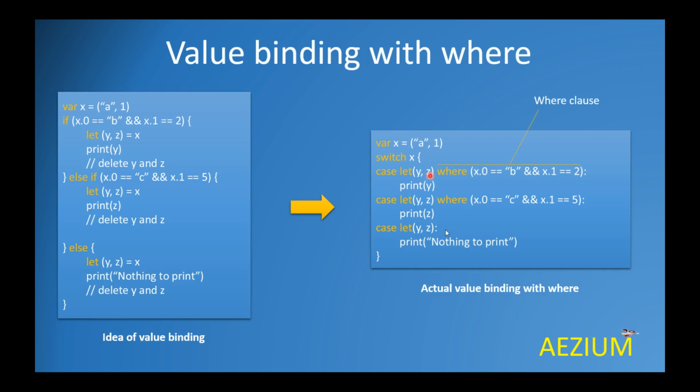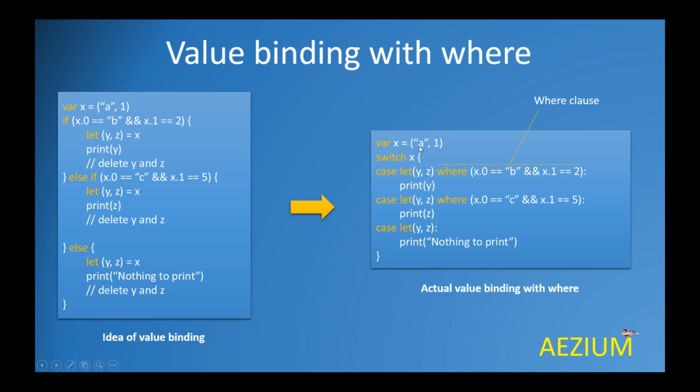So what the first case here means is, first of all, that we are declaring two temporary constants called y and z. Secondly, those are initialized by the values of the elements of x.